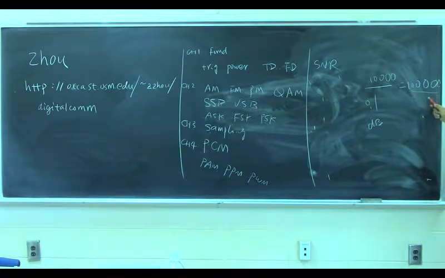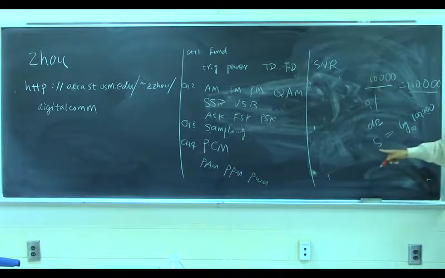In this case, since it's power, we multiply by 10. So the log base 10 of 1 followed by 5 zeros equals 5, because 10 to the power of 5 equals 100,000.